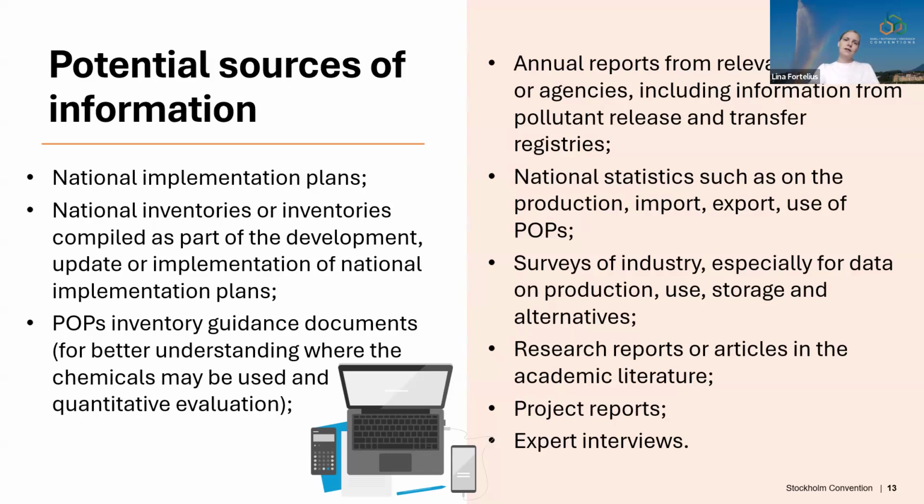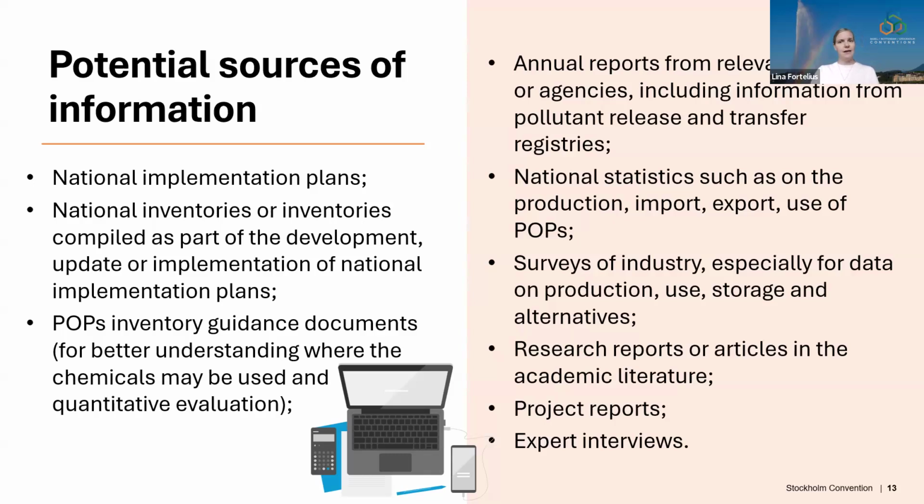So in case national inventories have not been prepared for a chemical, you can use the POPs inventory guidance document to figure out where the chemicals may have been used and identify the sectors who might have information on this. Annual reports and statistics published by other ministries and agencies can also be useful. So these could be, for example, pollutant registries, pesticide statistics, and other statistics.